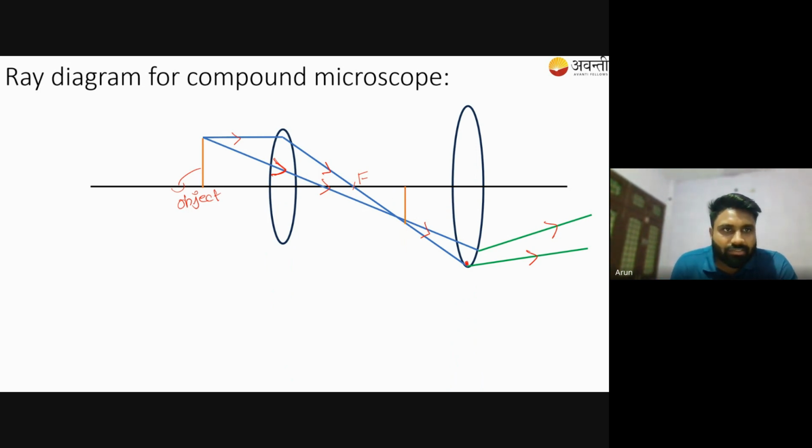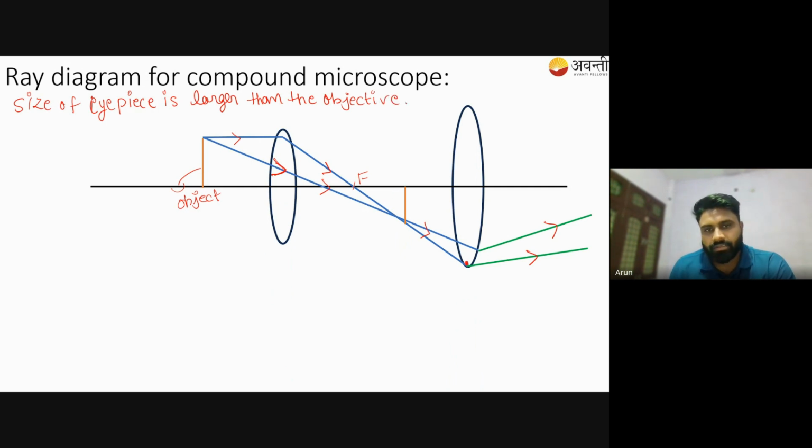Here, I must write: size of eyepiece is larger than the objective. Now you guys tell me, what is the name of this lens? Although it is converging and convex, but what is the name?